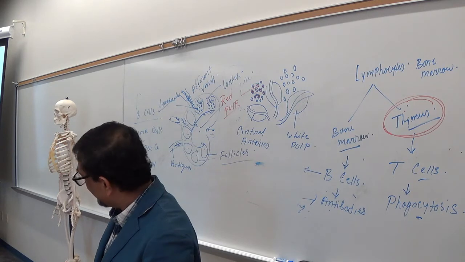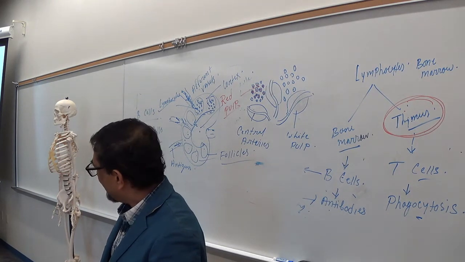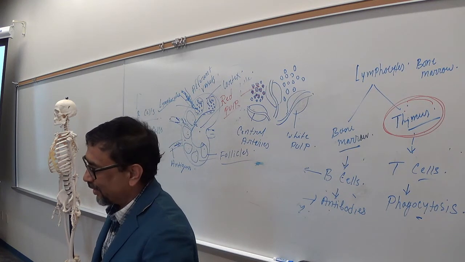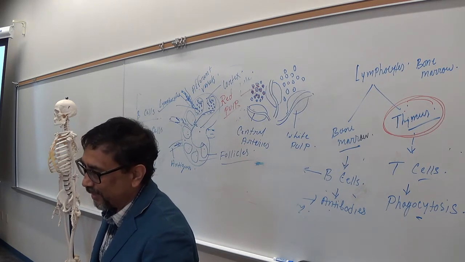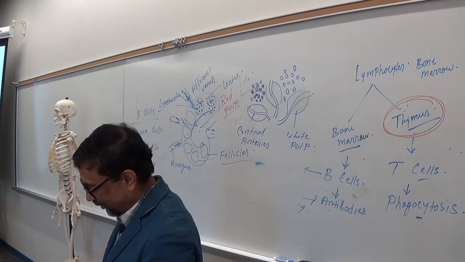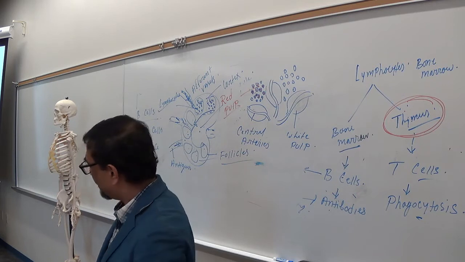It is said that the fluid containing a lot of antigens can be trapped inside those crypts, can accumulate inside those crypts, and then they will be taken into the tonsils and will be destroyed. Okay?